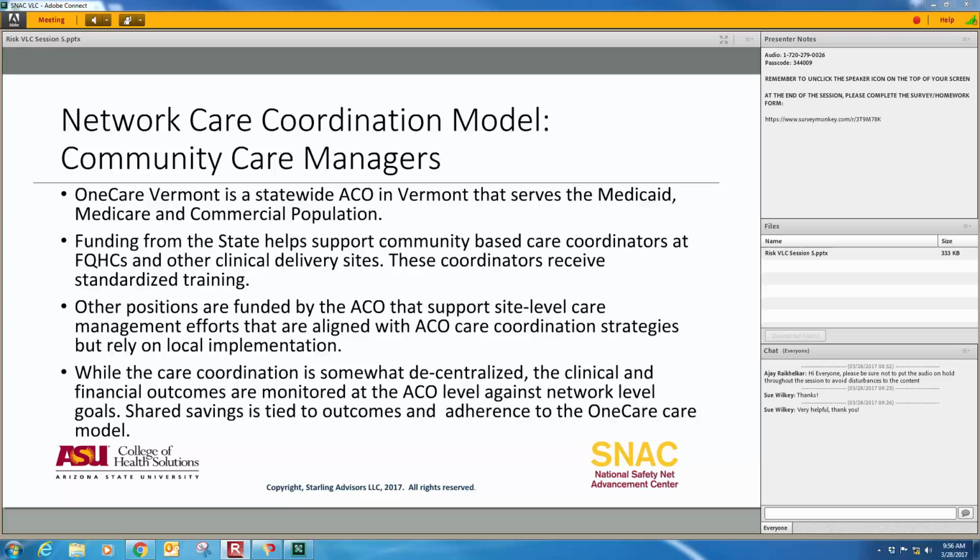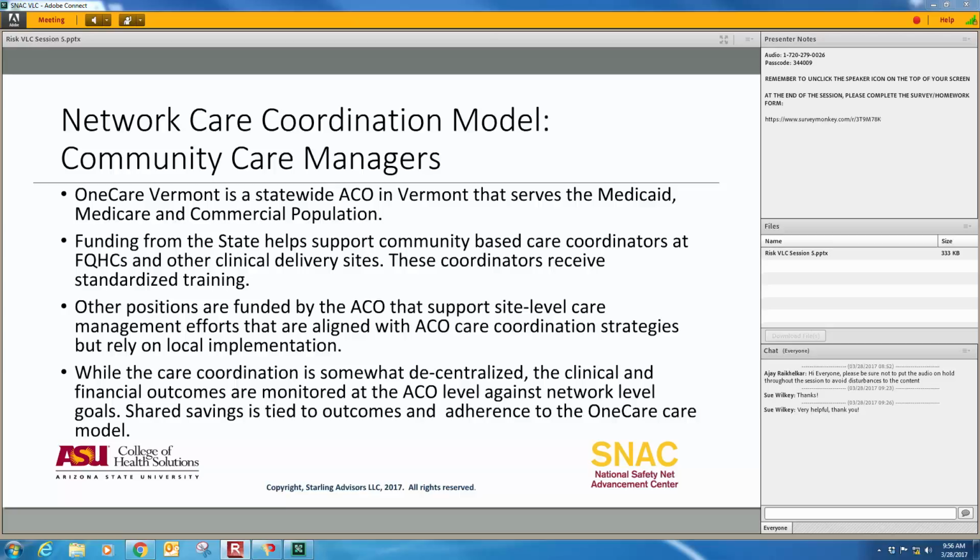So this is an example of a state that really took leadership in that, and then the delivery system and the payment system built upon that and was able to support and build upon that with additional layers of care coordination.